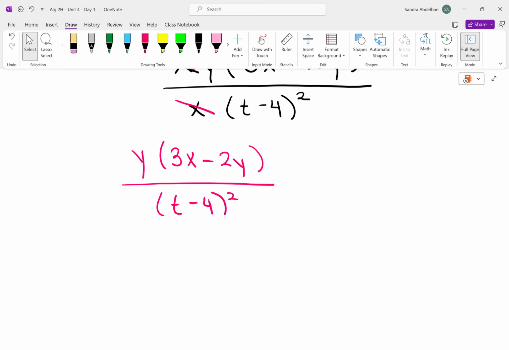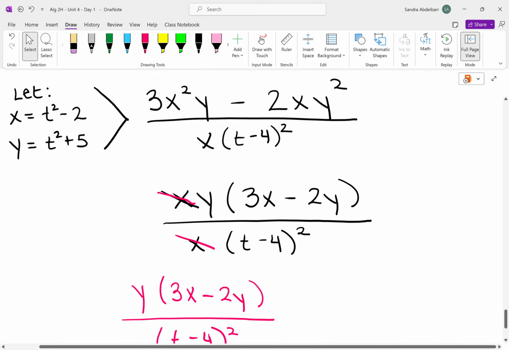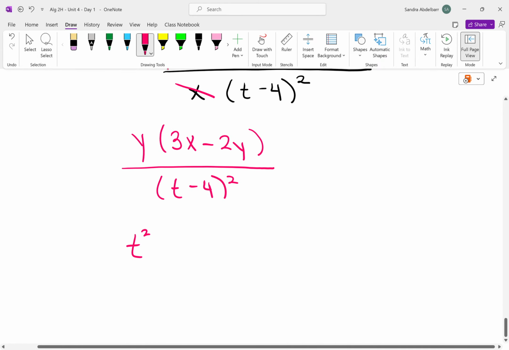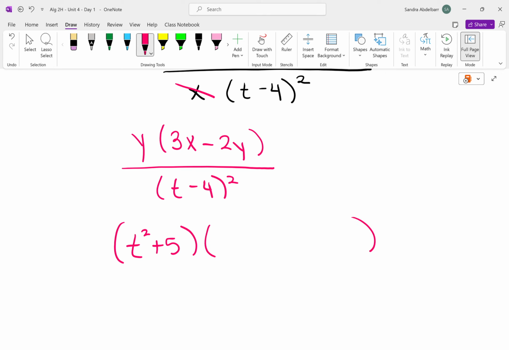Okay, so now I've simplified in this version as much as we can. Do you agree? So now I'm going to substitute back in. When I substitute back in, I don't remember what we said y was: t squared plus 5.